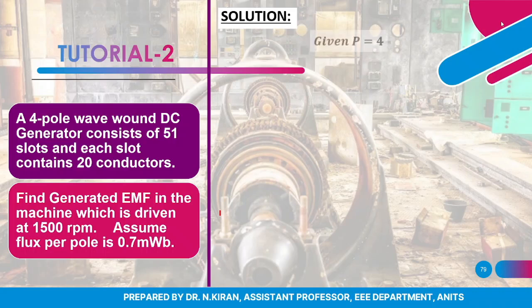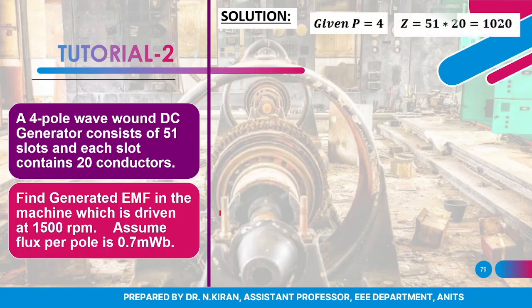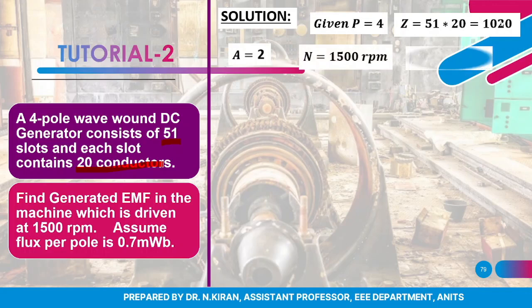So given data, same 4-pole machine, P is 4. Here we have 51 slots and in each slot we have 20 conductors, so the total number of conductors will be 51 into 20, that is 1020. Since it is wave wound, A value is 2, speed is given as 1500 rpm, flux is also given as 0.7 milliweber.